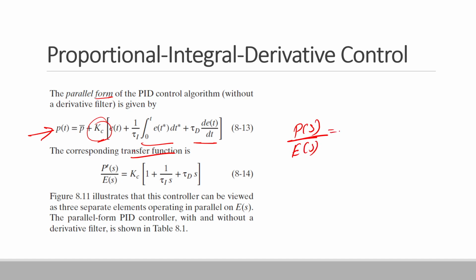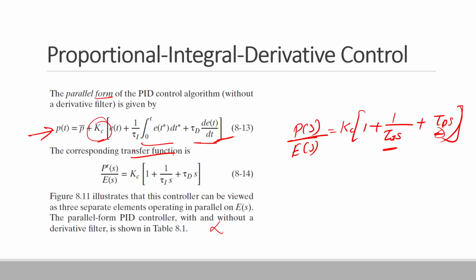In this equation you need to remember that the controller output upon error will be Kc, the controller gain, times 1 plus 1 upon tau i s plus tau d s. So this is the integral time and this is the derivative time constant obtained from the derivative control. This is the parallel form of the PID control.